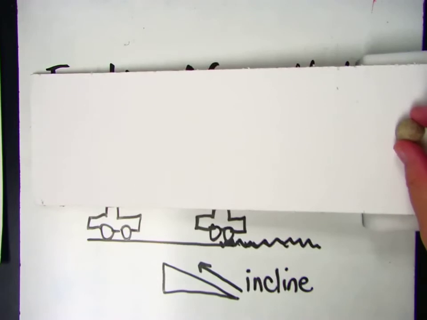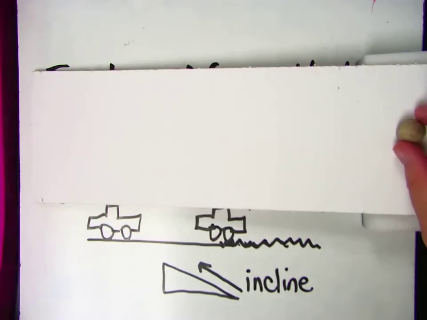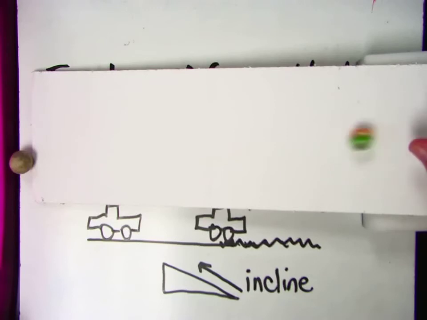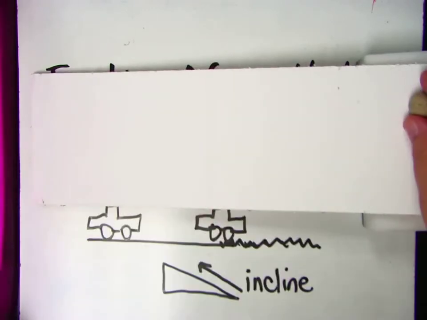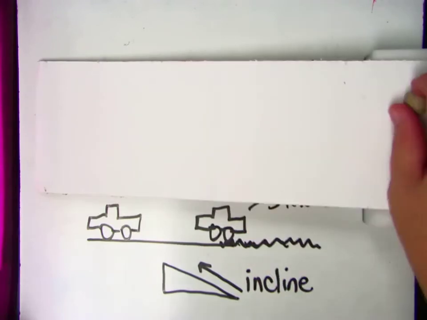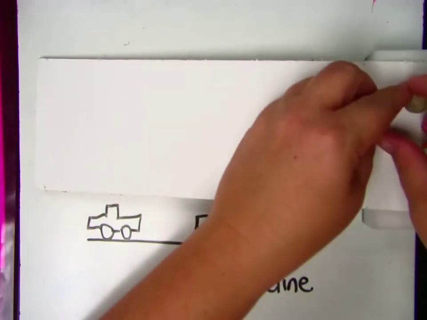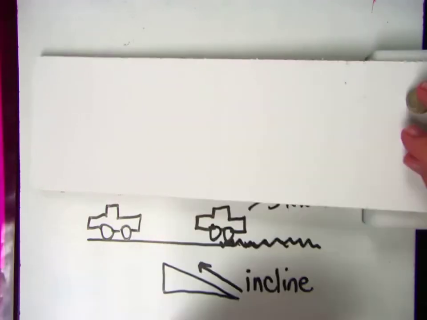So if you watch my ball of clay go down my incline, you can see that it goes, well, relatively quickly. But if you compare that to my marble, it moves down at a much greater rate. That's because of friction. Let's see if I can get them to go both at the same time.